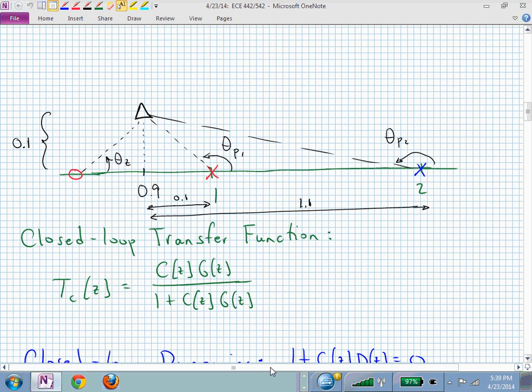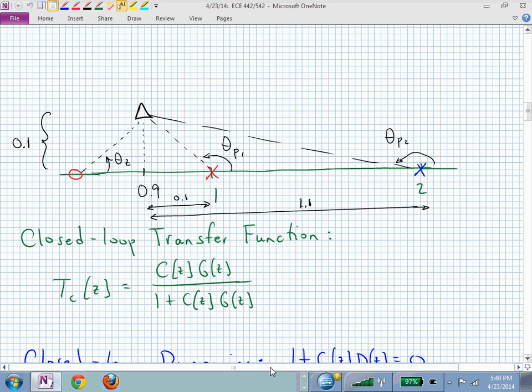Right now, if we've calculated that angle to be 130 degrees, where is that open circle, that 0, relative to 0.9? Is it to the left of 0.9 as indicated in this sketch, or is it actually to the right of 0.9? If the angle theta sub z is 130 degrees, it's to the right, correct?